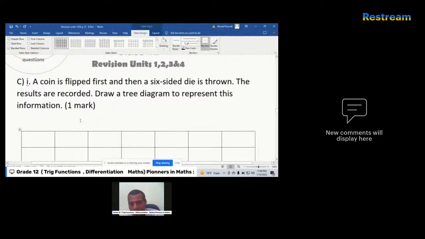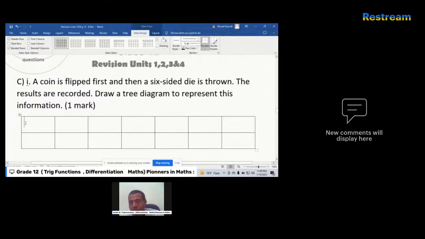Now learners, the coin can be a head or a tail. I will just add another here.